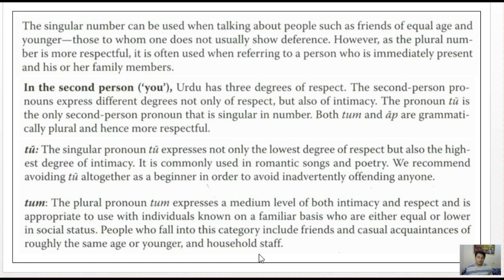In the second person, you, Urdu has three degrees of respect: tu, tum, and aap. The second person pronouns express different degrees not only of respect but also of intimacy. So tu is the only second person that is singular in number, both tum and aap are grammatically plural and hence more respectful.